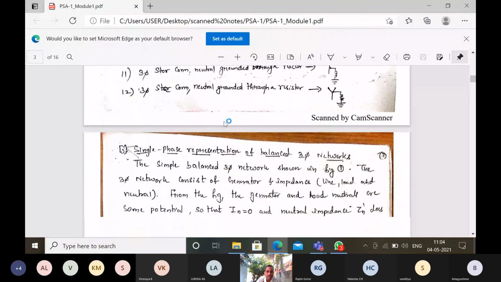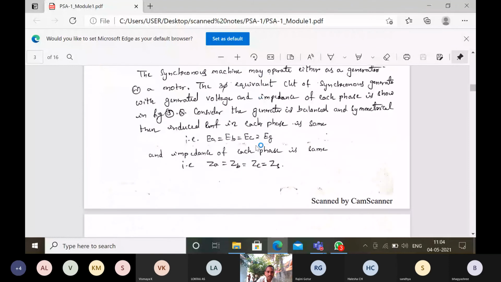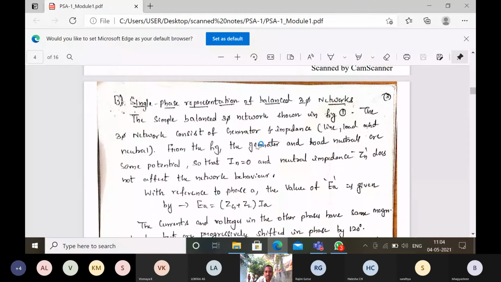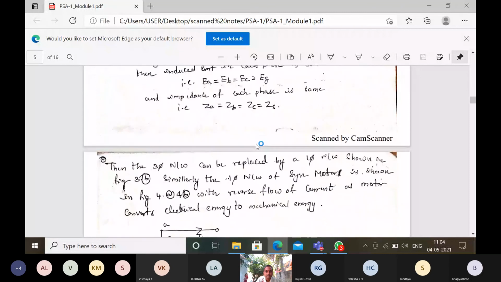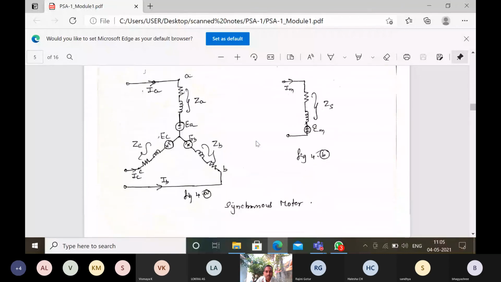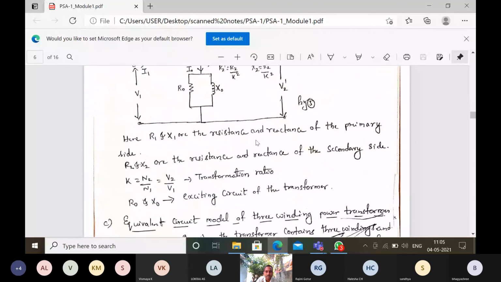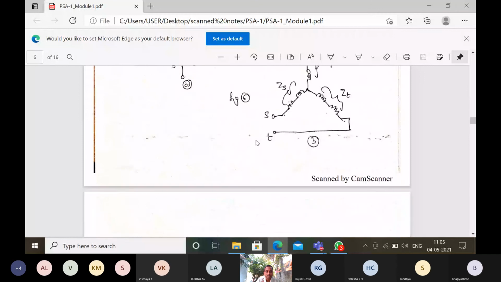Symbols, single line representation of balanced three-phase network, steady state model of synchronous machine, single phase representation of balanced three-phase network. Okay. Equivalent circuit of two winding transformer, three winding transformer, representation of load.